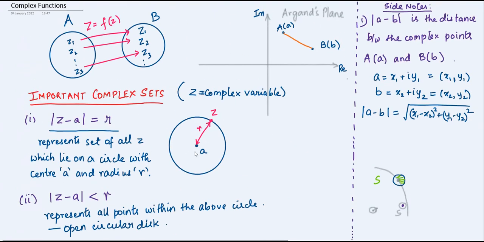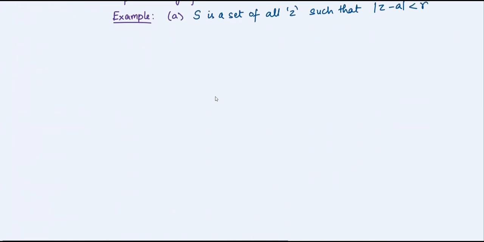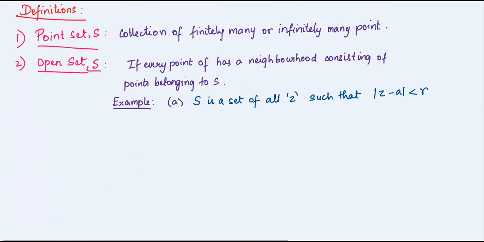So an open circular disk is an open set, an open annulus is an open set. Then we have half planes. Any of the 4 half planes that we discussed, they are all open sets. Whenever a region is not defined by a boundary, it is called an open set. So this is the geometrical understanding that we had just now.